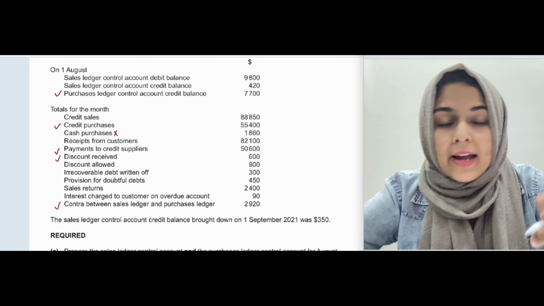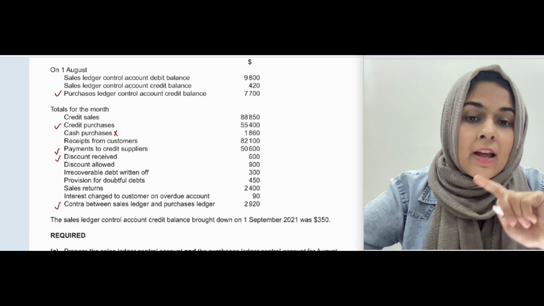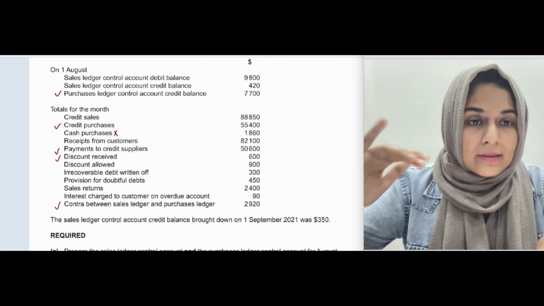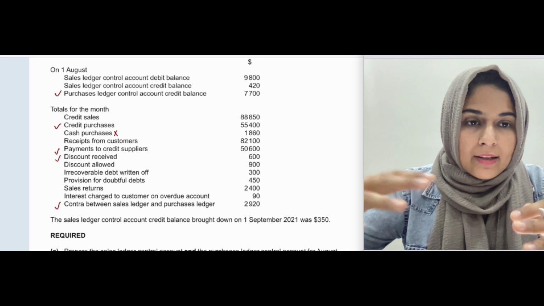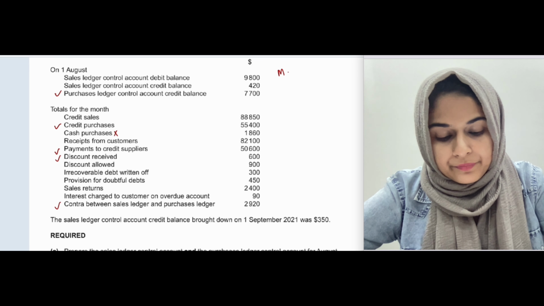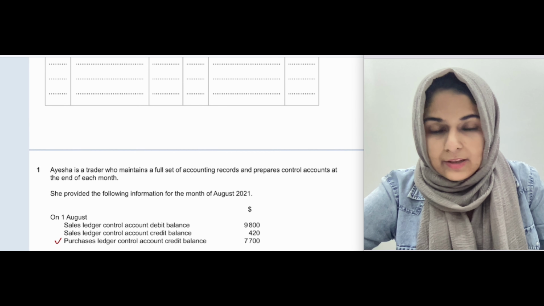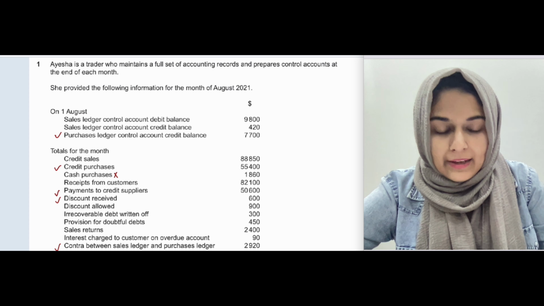And then contra, I mentioned this in my other video as well, कि contra वो होता है कि कोई एक बंदा आपका supplier भी है, वो आपका customer भी है. ठीक है. So in that case, let's say Mr. A, okay, let's say I'll take an example of myself here so that you know students can understand this better.